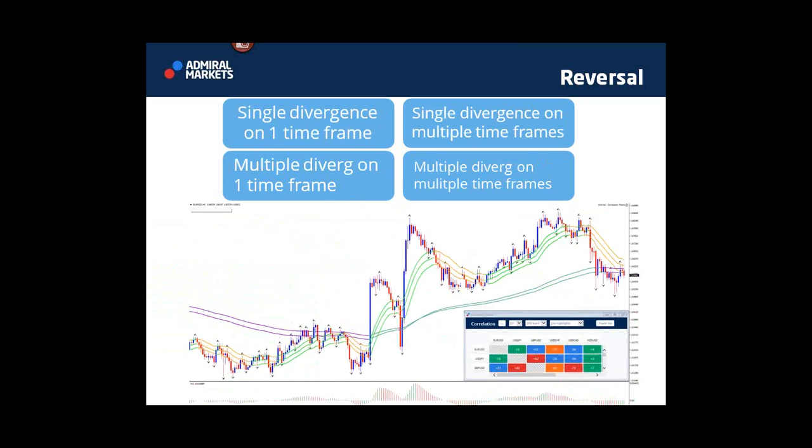But if you have multiple divergences on multiple time frames, one ready example that I'm just thinking about now were the yens 3 years ago, 4 years ago, when the euro yen was down at 95 and the dollar yen was down at 75, and there were multiple divergences on multiple time frames, and indeed we got this massive rally of 5,000 pips on the dollar yen and pound yen going all the way, I don't know how many, even more probably, right? Tremendous amount.